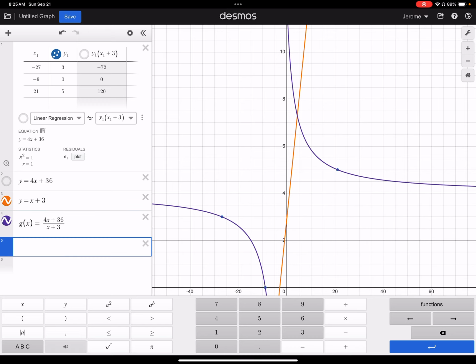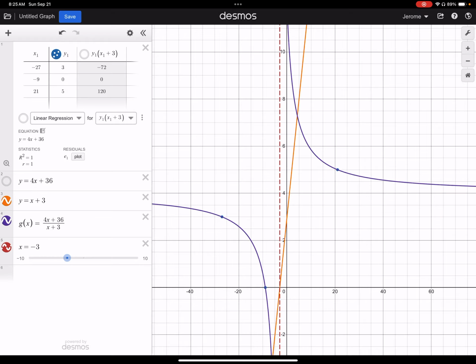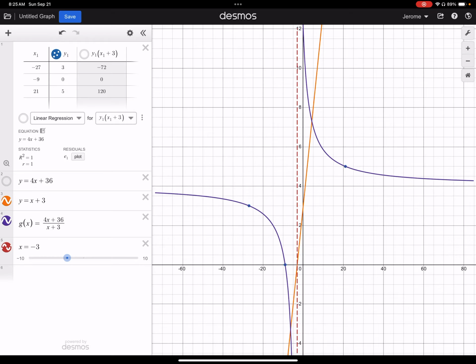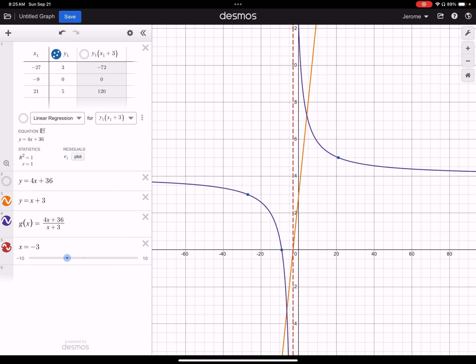So watch what happens if I graph x equal to negative 3. We format this as a dashed line, as it's not part of our actual graph, but it is the vertical asymptote that this rational function is trying to get closer and closer to.